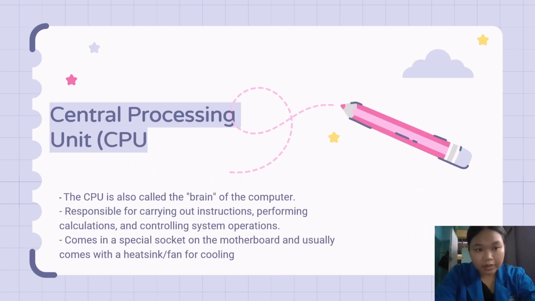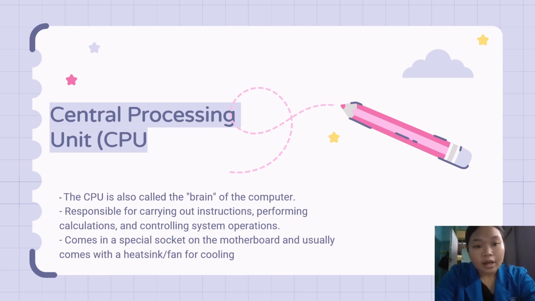Next, the central processing unit or CPU. The CPU is also called the brain of the computer, responsible for carrying out instructions, performing calculations, and controlling system operation.